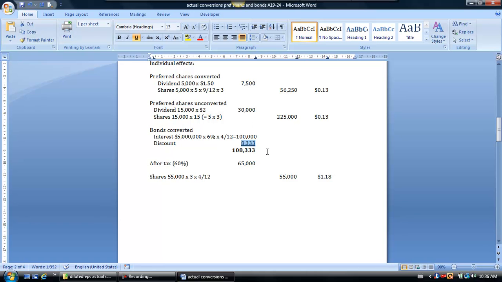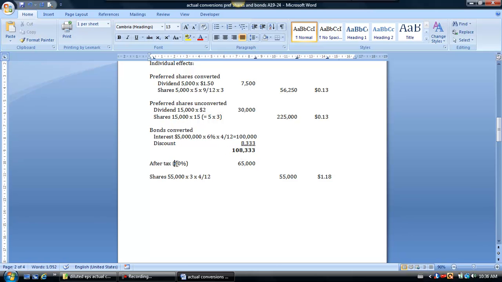And don't forget, when you remove a bond from your books, either pre-retirement or pre-maturity date, you have to fully amortize all the bond discount, right? So you amortize that bond discount, and that bond discount shows up as part of your interest expense. So now we have pre-tax interest expense on the bonds of $108,333.